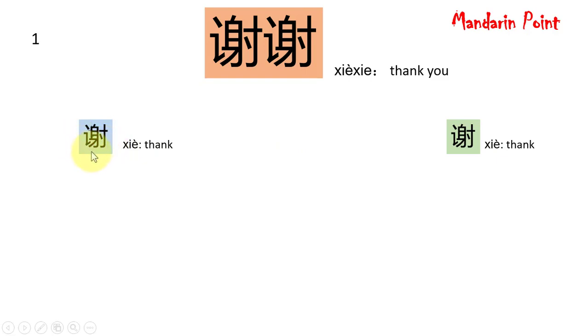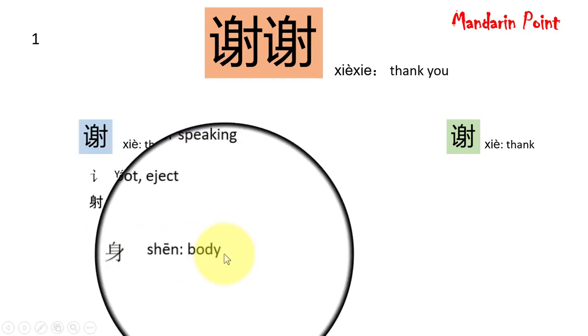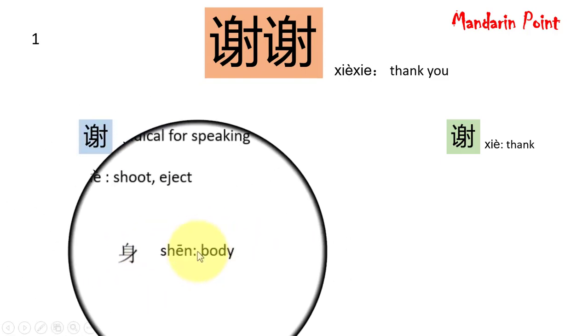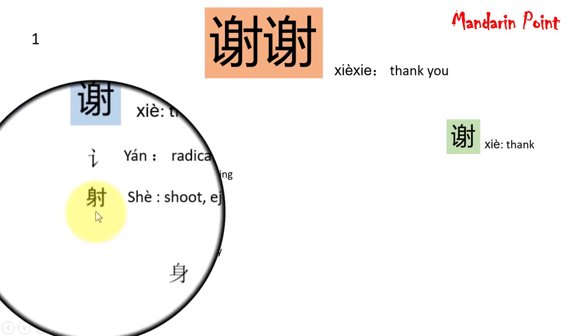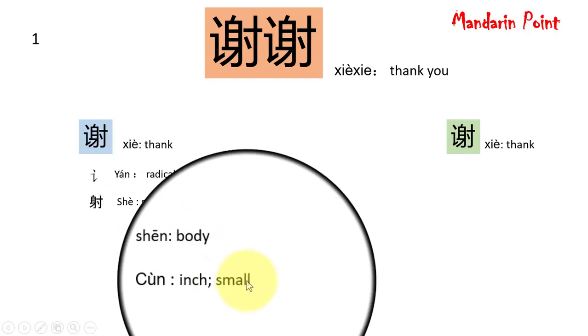On the left side of it, we have this yan, which is actually the radical for speaking. And this one on the right side is actually shi, which means shoot or eject or emit. This one can further be divided. On the left side of it, it is shen, which means body, and on the right side we have this son, which means inch or small.